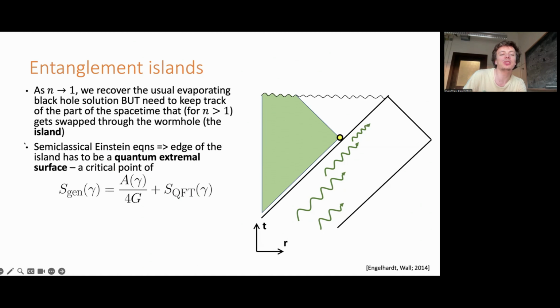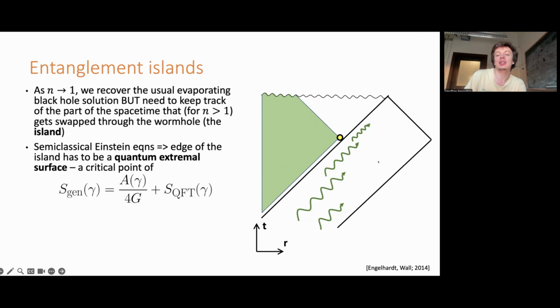So what happens is that when you impose the semi-classical Einstein's equations in the limit as n goes to 1, you find that the region that's swapped has to be bounded by something called a quantum extremal surface. So this is a quantum generalization of something originally introduced by Tadashi, first in a paper with Ryu, and then one by Hubeny and Rangamani.